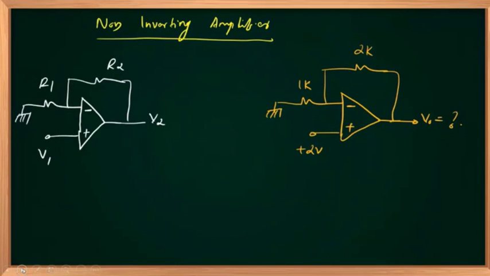I'm having a non-inverting amplifier. Right. I have a problem here and a simple non-inverting circuit here. Everybody knows that the voltage gain is nothing but 1 plus R2 upon R1 multiplied by V1.